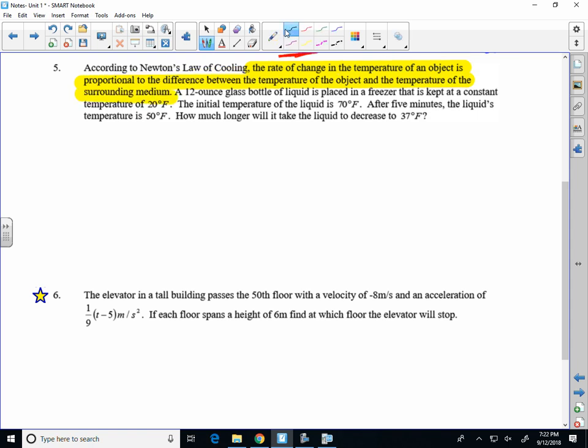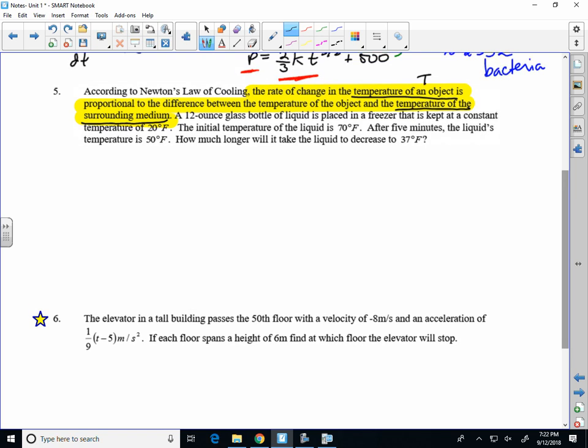So let's take a second here and digest this. All right. So we have temperature. We have a bunch of things. Temperature of an object. Temperature of the surrounding medium. All right. So we're going to let capital T be the temperature of the object, and capital T with a little subscript m be the temperature of the surrounding medium.